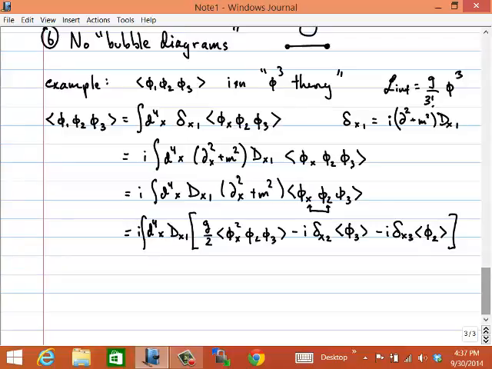Now, I'm only going to be interested in evaluating this at linear order in this perturbative expansion. So I can use the fact that this is equal to its value in free field theory plus terms that vanish when the coupling is taken to 0.